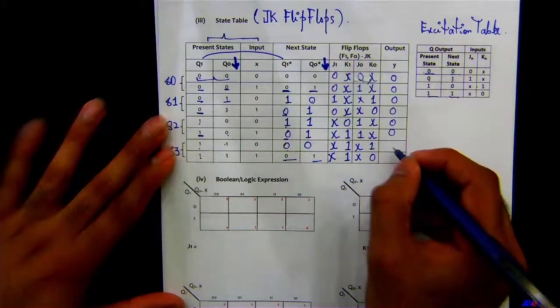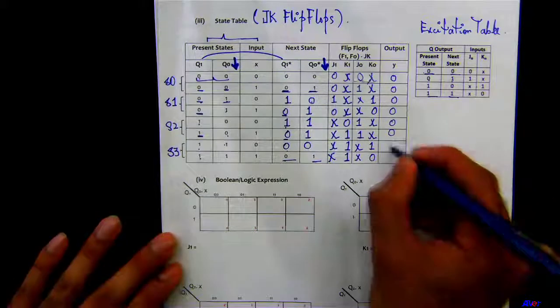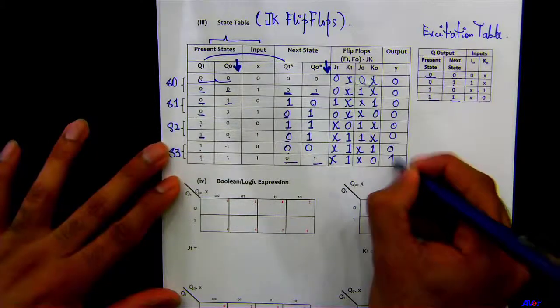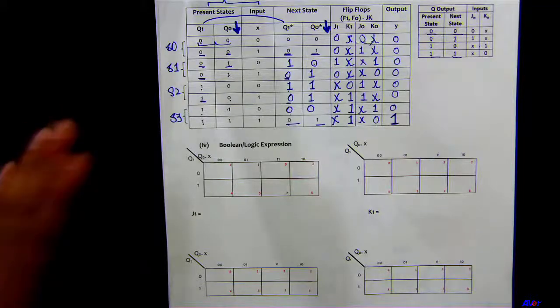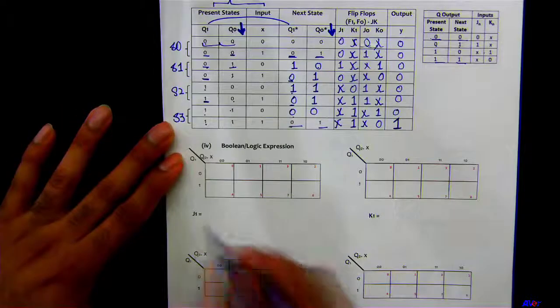What would be the output for the rest of the two? Yes, guys. This will be 0, and this will be 1. Good, awesome. Now we're going to do K mapping to get the expressions. Let's look at the minterms for J1.